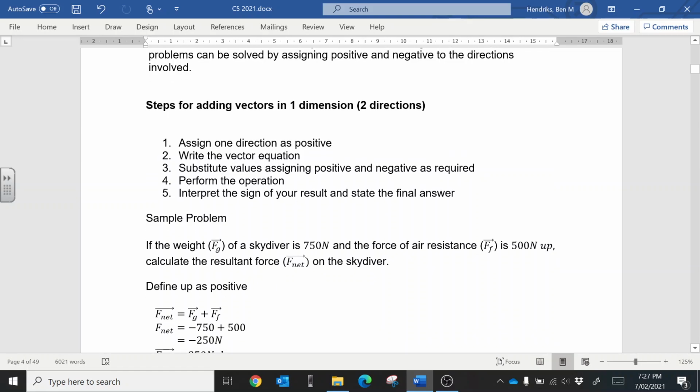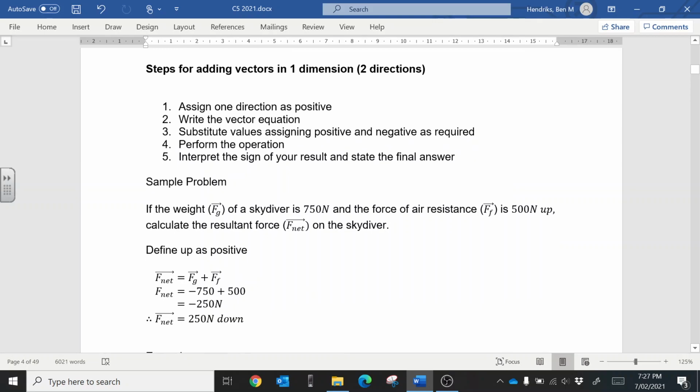Here are some steps for when you're adding vectors in one dimension or two directions. We always need to assign one of the directions as positive. For example, if we had north versus south, usually north would be positive. North is positive.